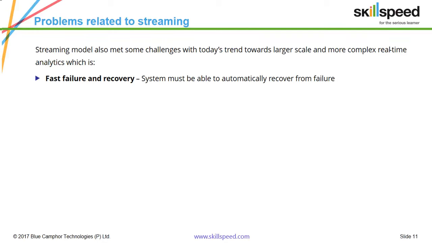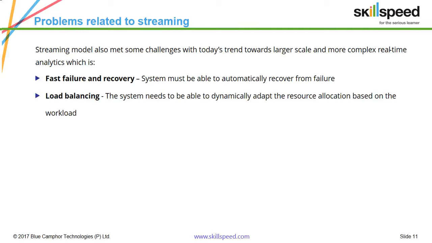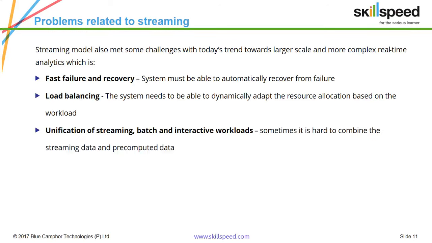The second challenge is related to load balancing. When you are receiving the data, are you able to balance the load? The third is unification of streaming, batch, and interactive workloads. You have a Spark cluster, and the cluster might not be used for only one type of application.